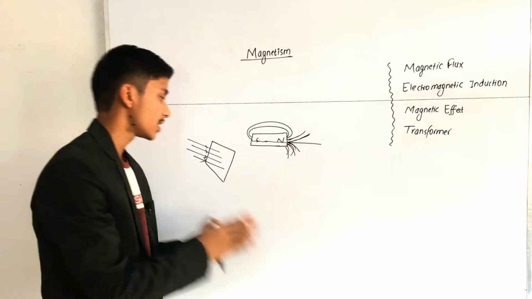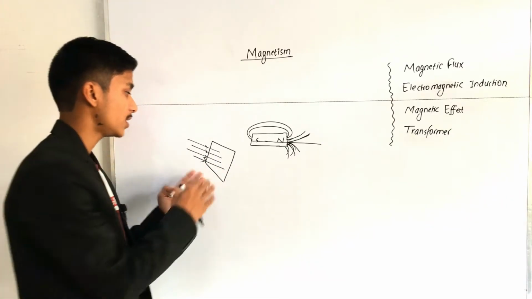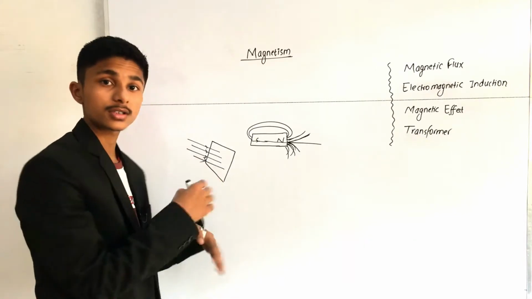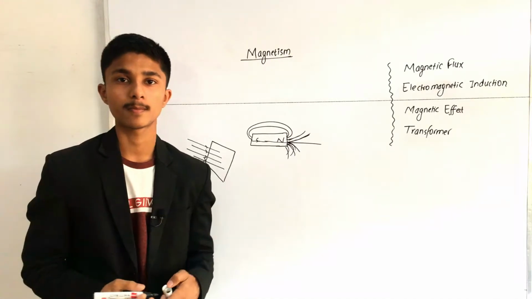What is magnetic flux? The number of magnetic lines of force that fall on a surface having unit area is called magnetic flux.